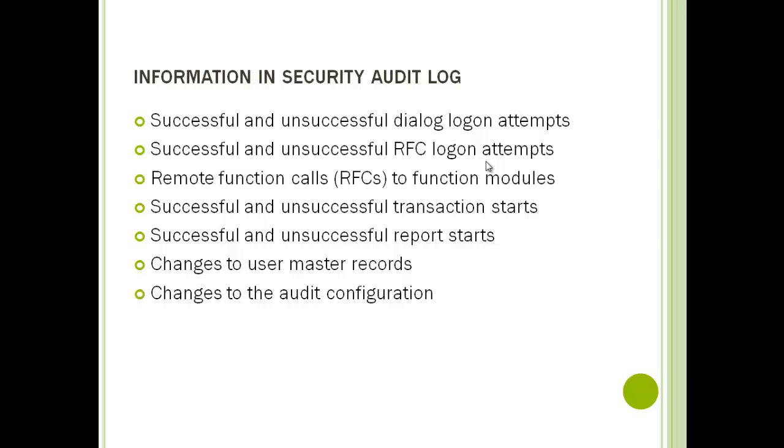But if you think about what was changed, let's say you go to VA01, in the audit log you will get that this particular user 001 started VA01, but what is done inside VA01 will not be available in the audit log. That will be available in your application log or your transaction log, which will have the detail of what was done in VA01 and what documents were created.